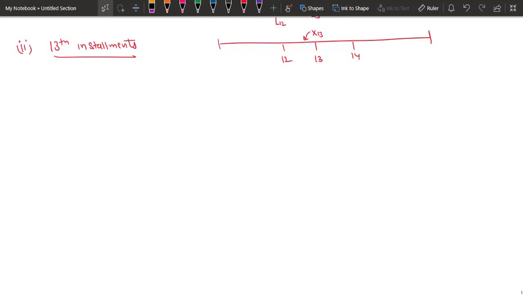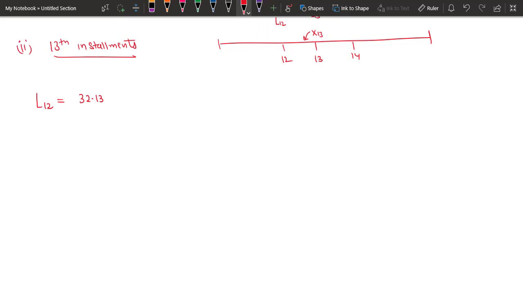L12 is the outstanding balance at the end of the first year, because the 12th payment will be at the end of the 12th month, which is just the end of the first year. We can calculate the value with the payment 32.13, again using the prospective method.